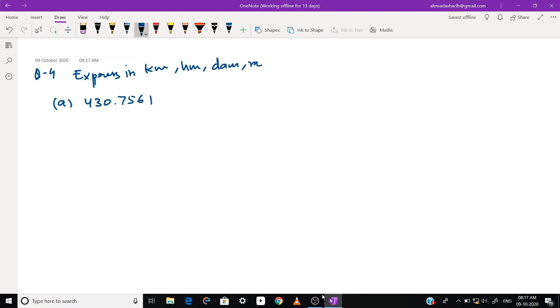430.756 kilometer. Since this is already in kilometer, we don't have to convert it into kilometer, but first we have to convert it into hectometer. Do you know how many hectometers are there in 1 kilometer? So 1 kilometer is equal to 1 upon 10 hectometer, or you can say 1 hectometer is equal to 10 kilometers.